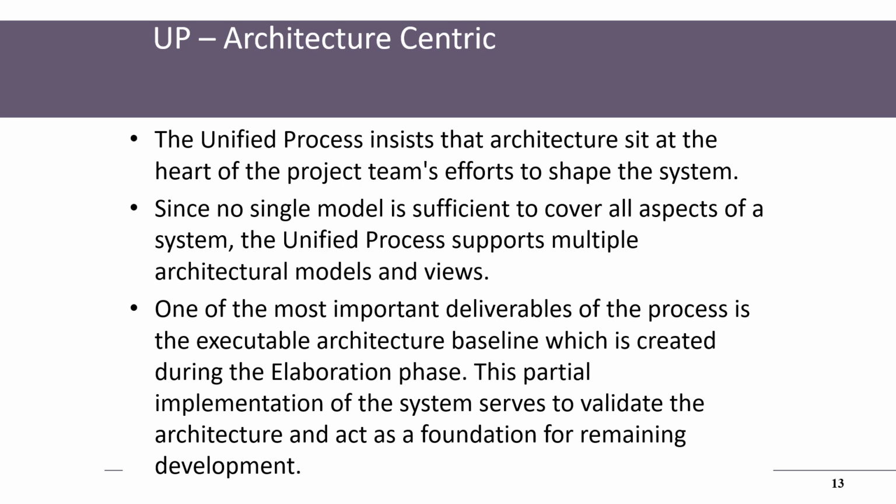That means whatever the things people want to add, modify, carry out should not disturb the core thing, and should be compatible, in other words, with the core thing. Otherwise it's rejected. Since no single model is sufficient to cover all aspects of a system, unified process supports multiple architectural models and views.